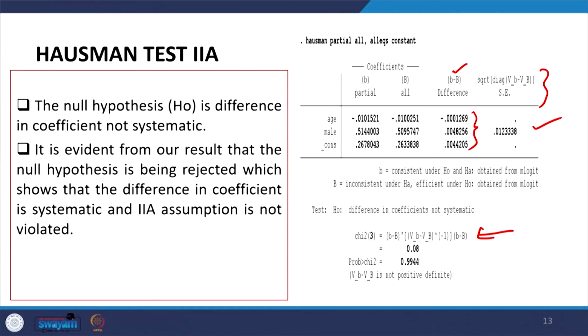Since in our model the difference is itself insignificant, there is no distribution of those differences, so the model is in fact following IIA correctly. It is evident from our result that the null hypothesis is being rejected, which shows that the difference in coefficients is systematic and the IIA assumption is not violated. Okay.